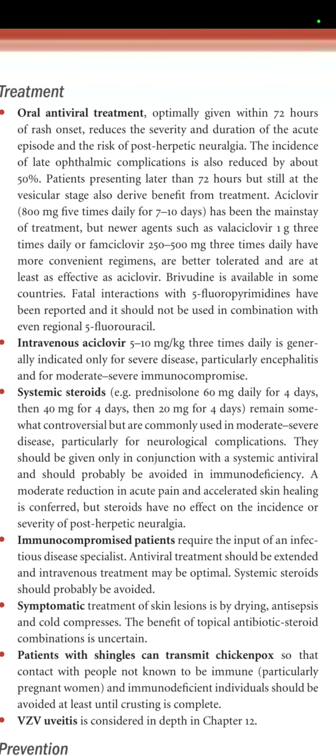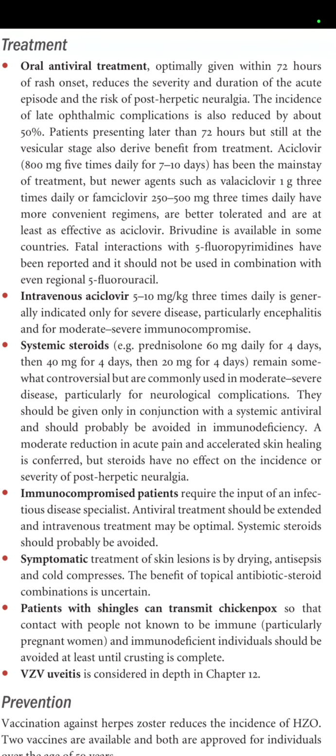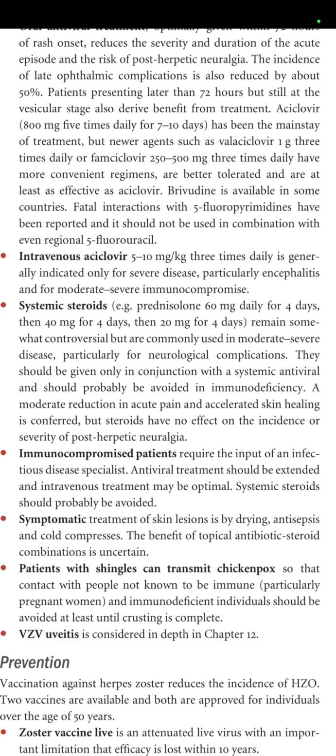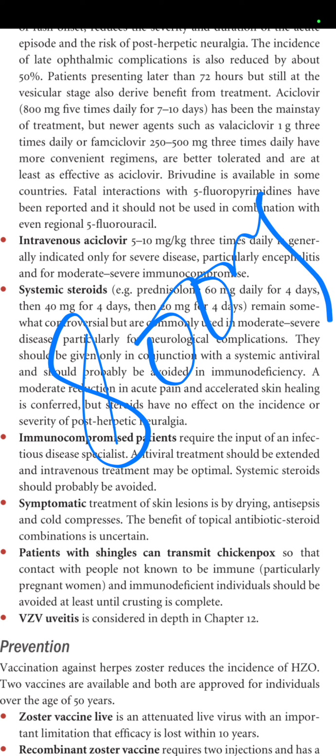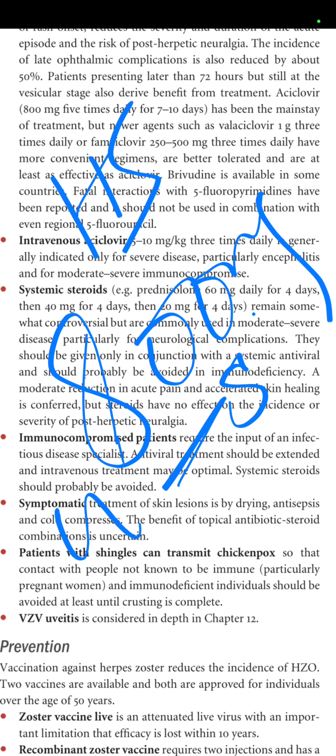Acyclovir 800 mg 5 times daily for 7 to 10 days has been the mainstay of treatment, but newer agents such as valacyclovir 1 gram 3 times daily or famciclovir 250 to 500 mg 3 times daily have a more convenient regimen, are better tolerated, and are at least as effective as acyclovir. So basically the regimen is 800 milligrams 5 times daily for 7 to 10 days, whereas in HSV it was 400.